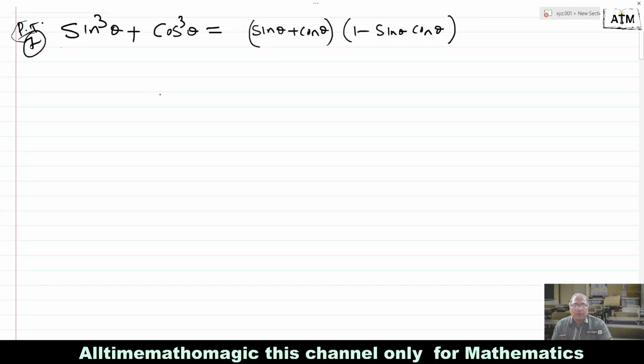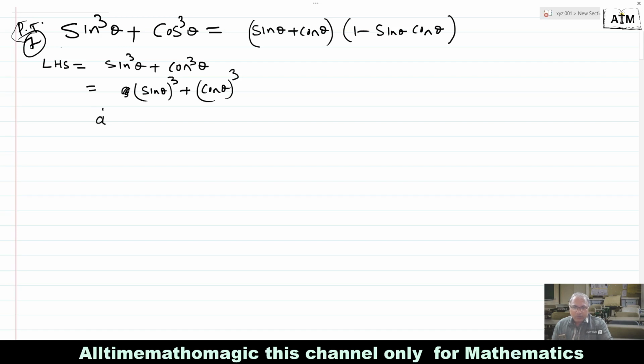Next example, prove that sin cube theta plus cos cube theta equals sin theta cos theta multiplied by 1 minus sin theta cos theta. Now we'll take LHS. What is LHS? Sin cube theta plus cos cube theta, and this can be written as (sin theta) whole cube and (cos theta) whole cube.